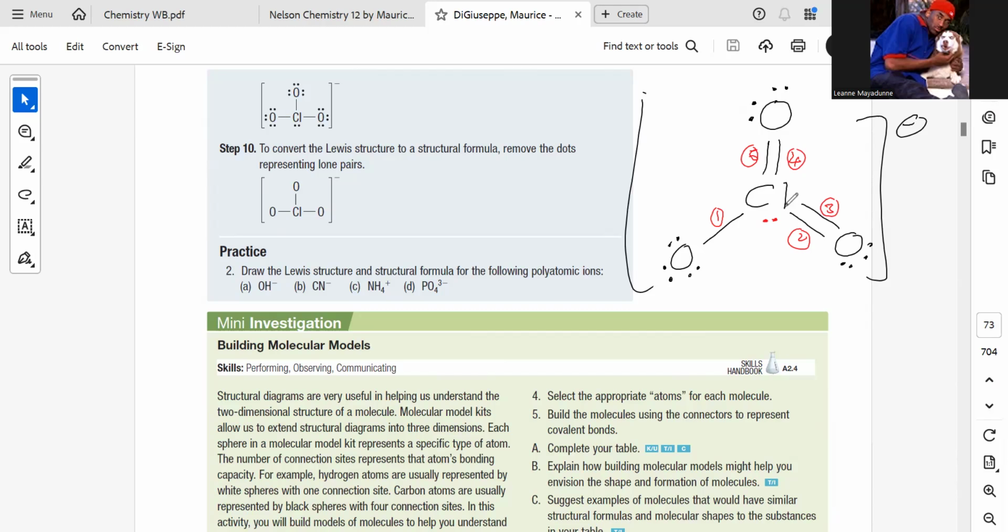I'm just going to count. Okay, so that's done. Now if you count the total electrons on chlorine, how many of them are there?